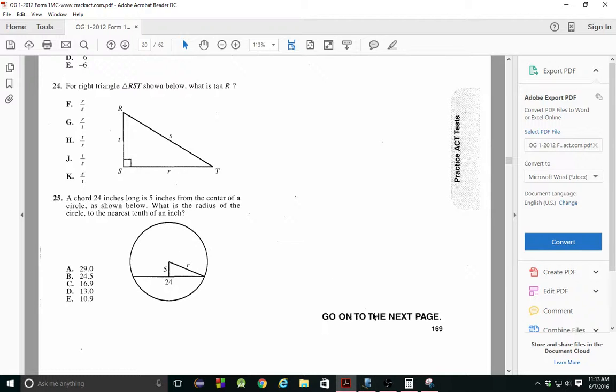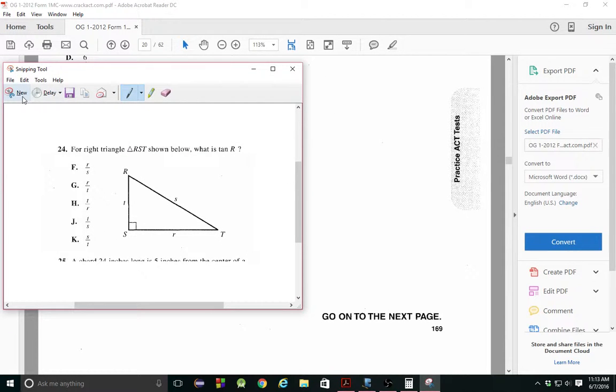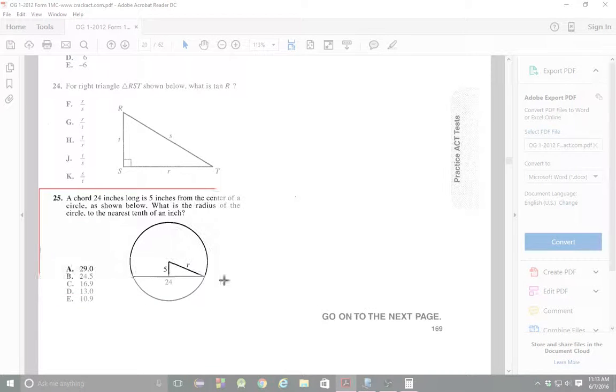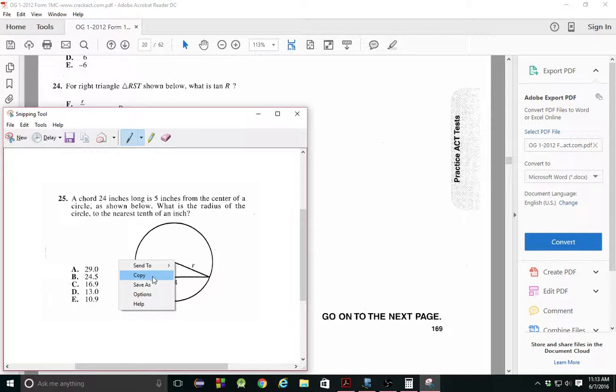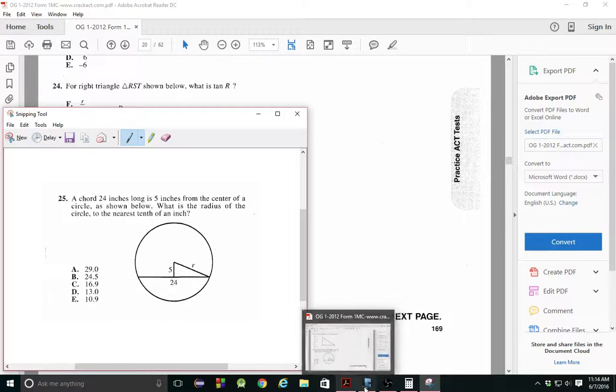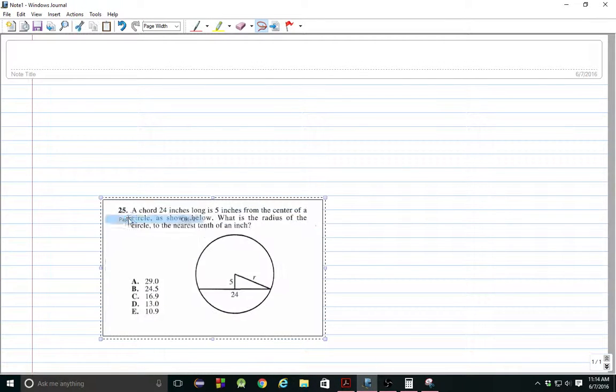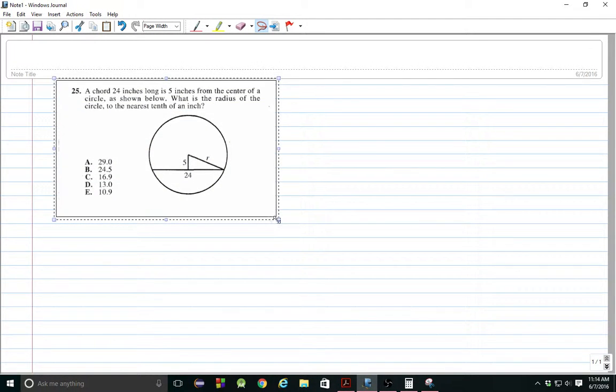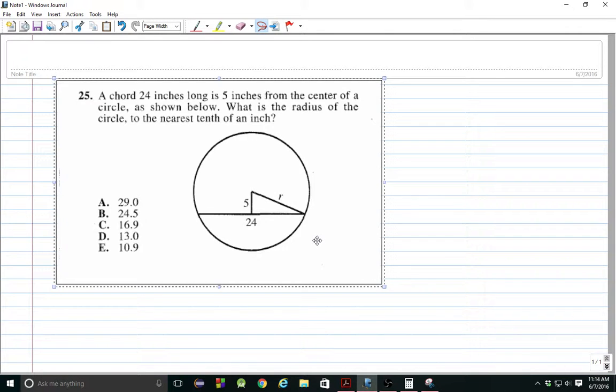The final one for this tutorial today is here. A chord 24 inches long is 5 inches from the center of a circle, as shown below. What is the radius of the circle to the nearest tenth of an inch?